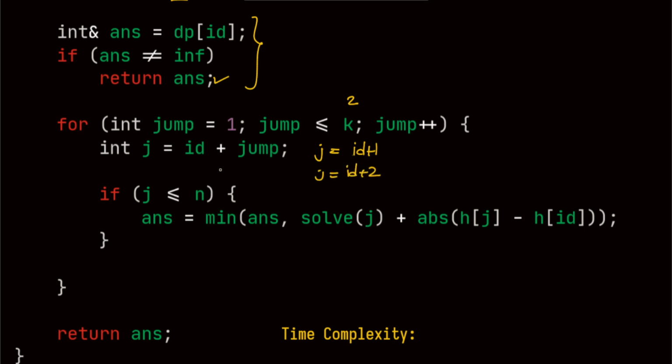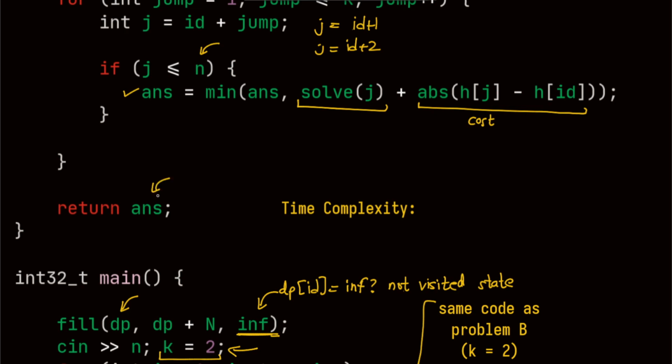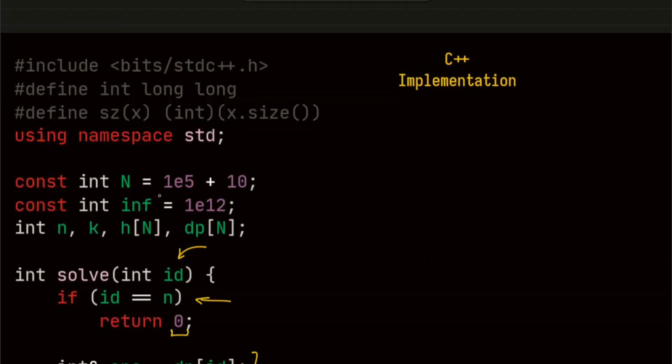And if this lies in the permissible range of the indices, then we will consider that choice. And that choice means the further jumping process from that index, plus the cost which is required, which is the absolute difference between the heights of those two stones, and return the answer after minimizing it for each state.